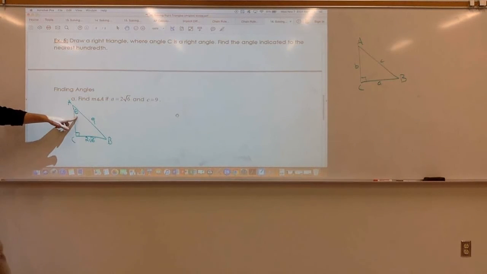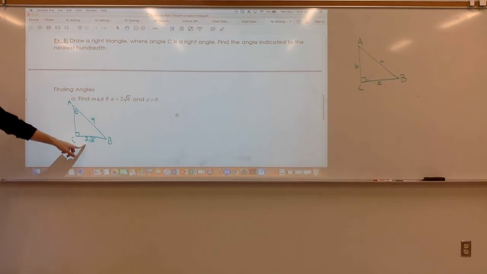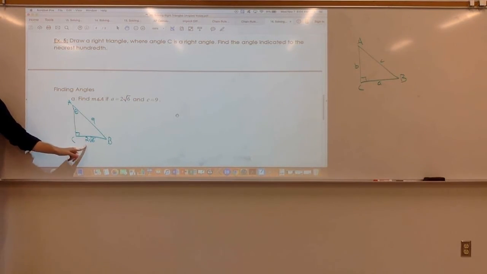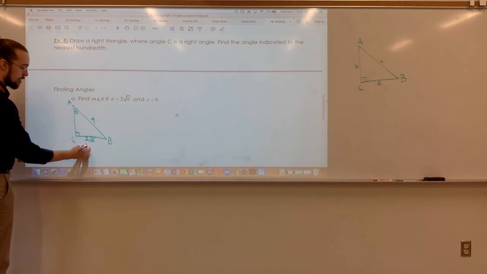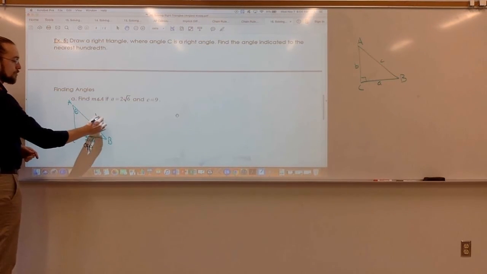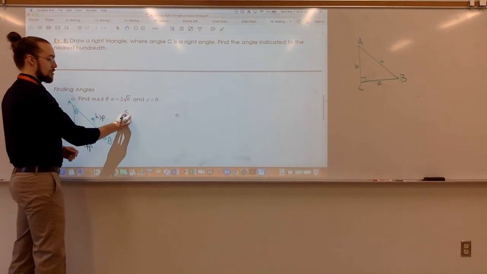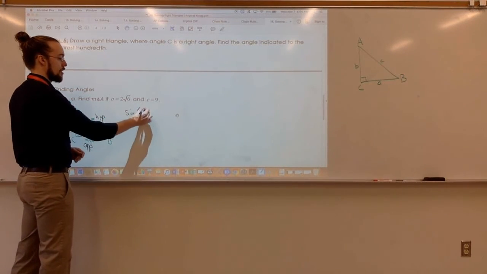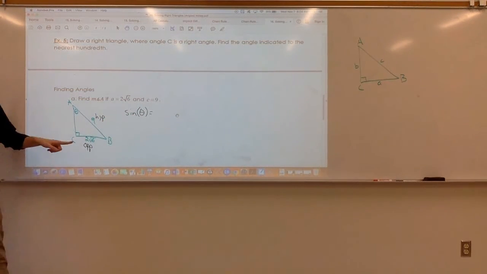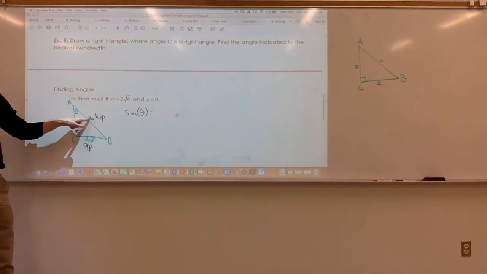With respect to my theta, 2 square root of 6 is opposite, and the 9 is hypotenuse. So what trig function? Sine. So I will say sine of theta equals 2 square root of 6 over 9.